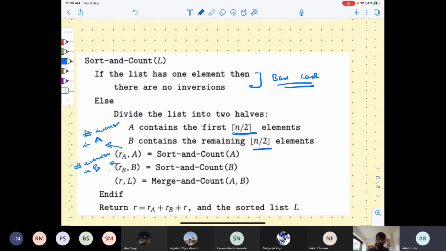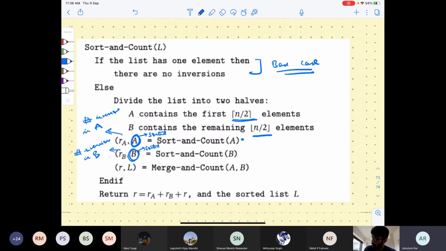B, right? And now what happens after we get this sorted list? So this A that gets returned is actually sorted. This B that is getting returned is sorted recursively, okay? And then we do merge and count A and B. So merge and count is what we saw earlier. I'll come to that.